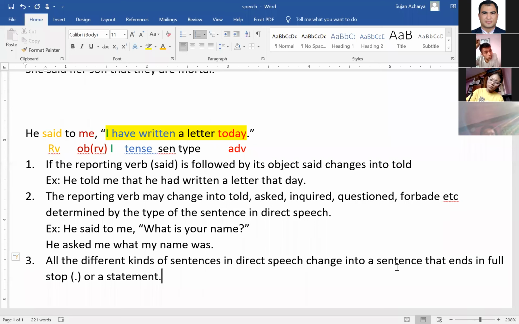Now in the above example number 2, what is your name is a question sentence, but in our indirect speech it changes into what my name was, with a change in the tense.